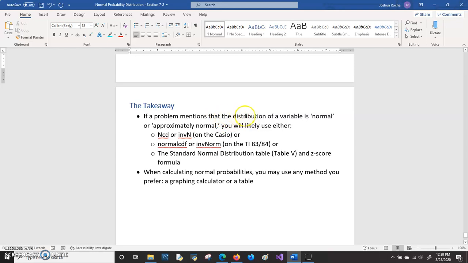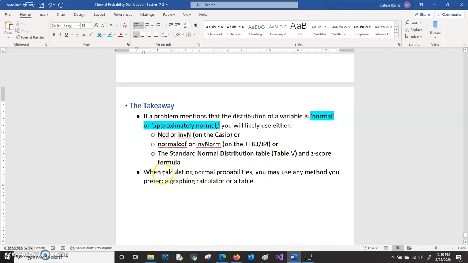One is that when you come across a problem, if you see the phrase normal or approximately normal, that means that you'll either use these functions on the Casio, NCD or inverse norm, or you'll use normal CDF or inverse norm on the TI calculators, or you'll use the standard normal distribution table, Table 5, and the z-score formula. All of these methods are what you would use when you see the word normal.